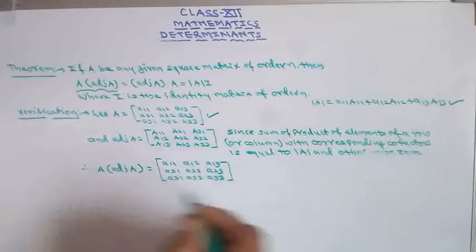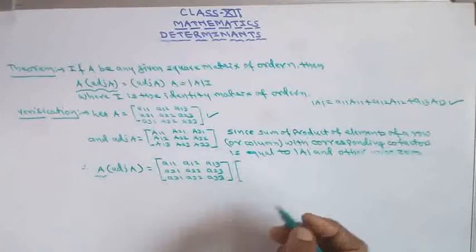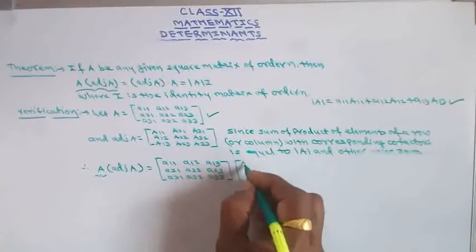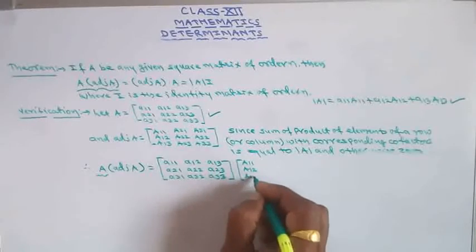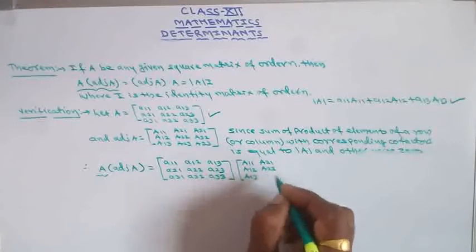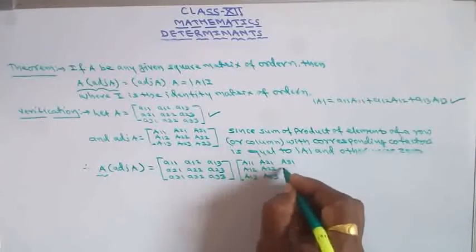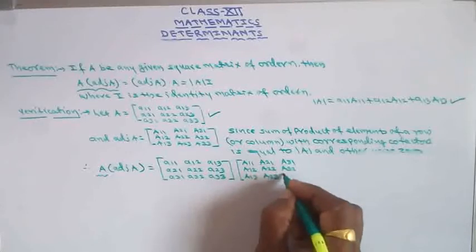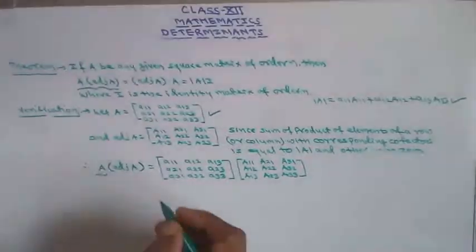This is the given matrix, and A into its adjoint, so this will be A11, A12, A13, A21, A22, A23, A31, A32, A33. Now take the product of these two.